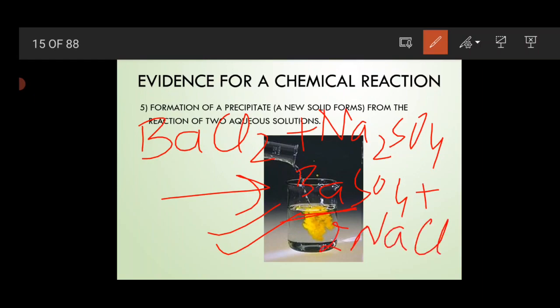The barium sulfate is a white precipitate, meaning a white solid which is formed after the reaction. So in many chemical reactions you will observe the change in color, the formation of precipitate, the formation of gases, and the absorption and evolution of heat energy. So these are the evidences, these are the characteristics of chemical reactions.